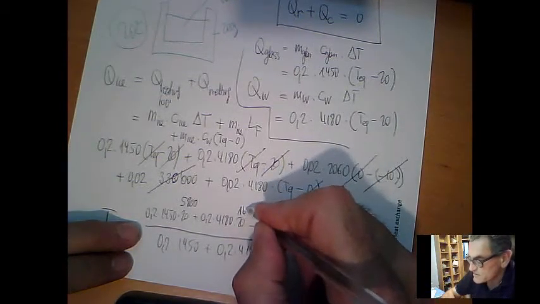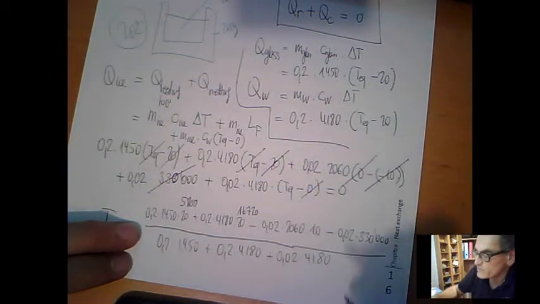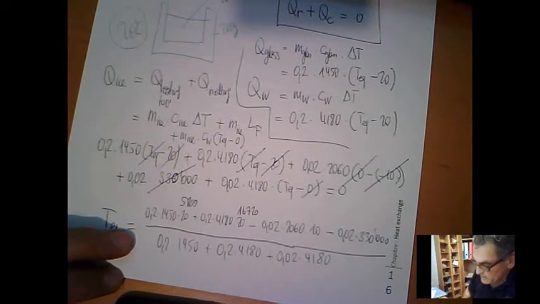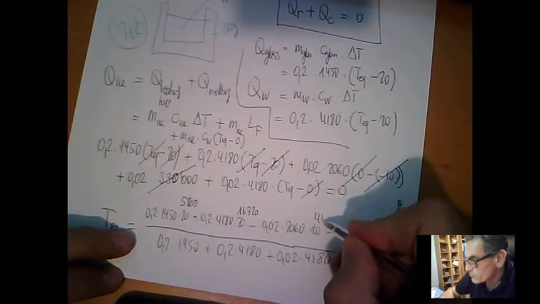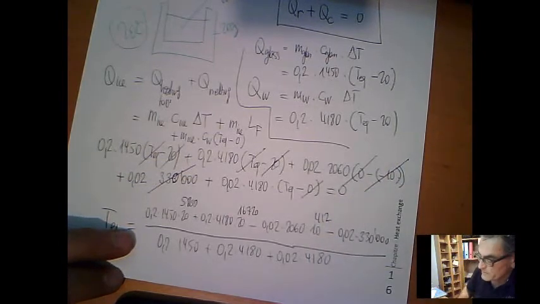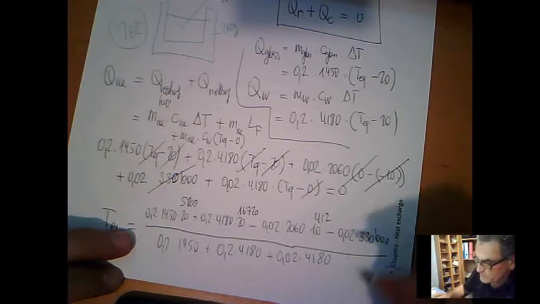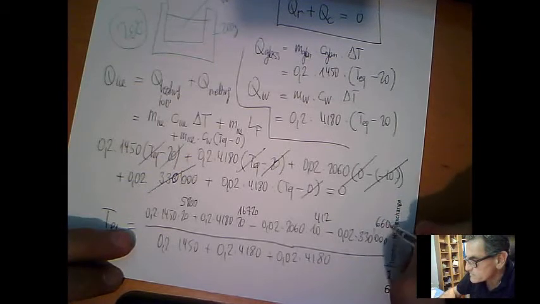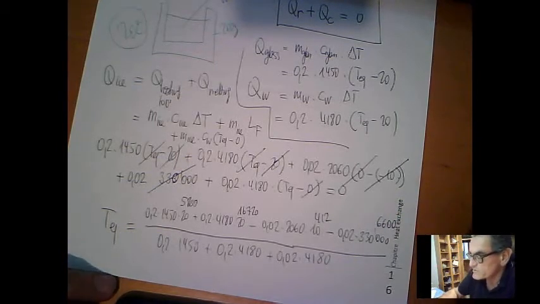This is 16,720. Then we have 0.02 times 2060 times 10. This is 412. And then we have 0.02 times 330,000. Okay, and this gives us 6,600.